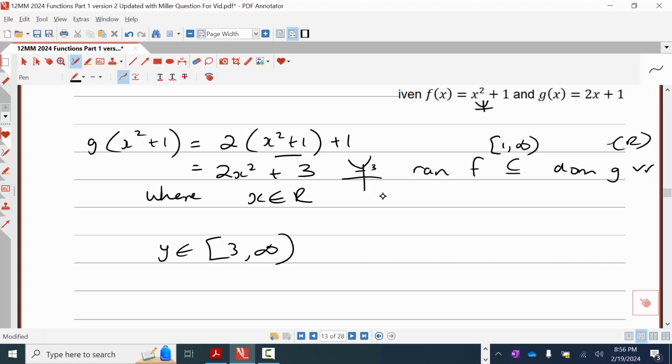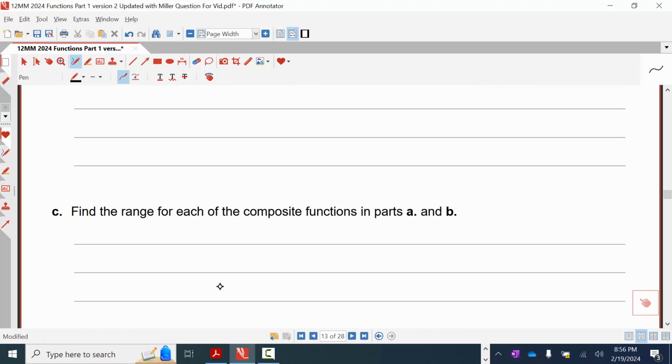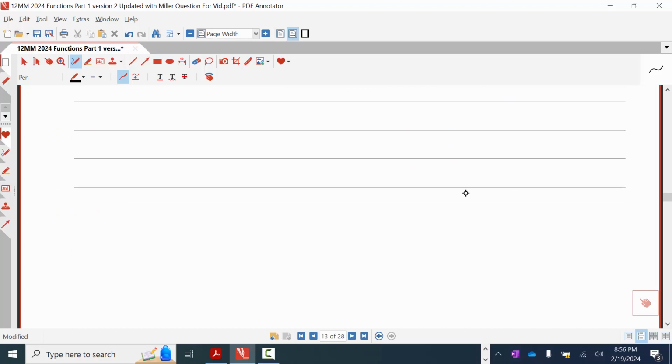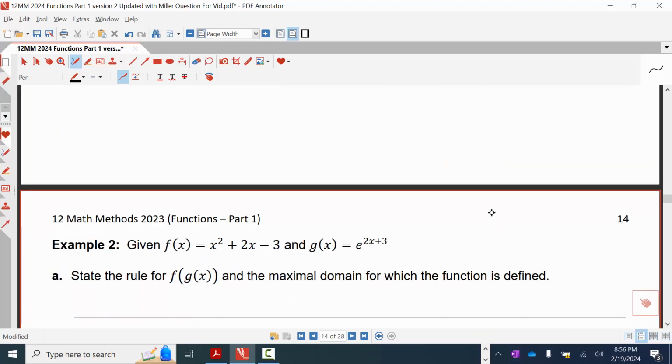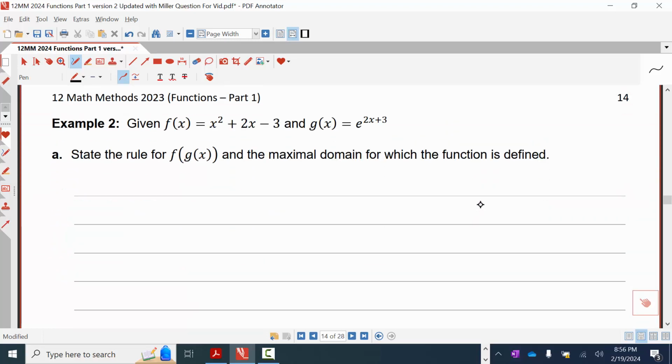So that's our range. All right, so that's answered in A and B. All right, so not too bad for that first one there, and this second one, because I just did this in class today, I know that this one works out quite nicely as well.